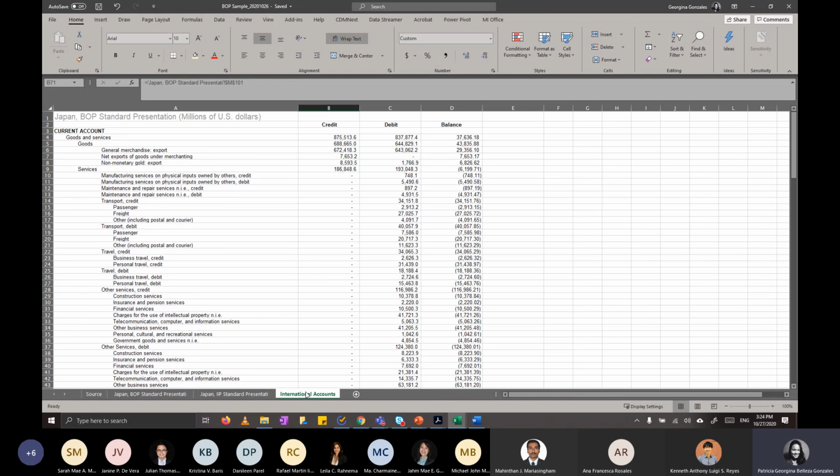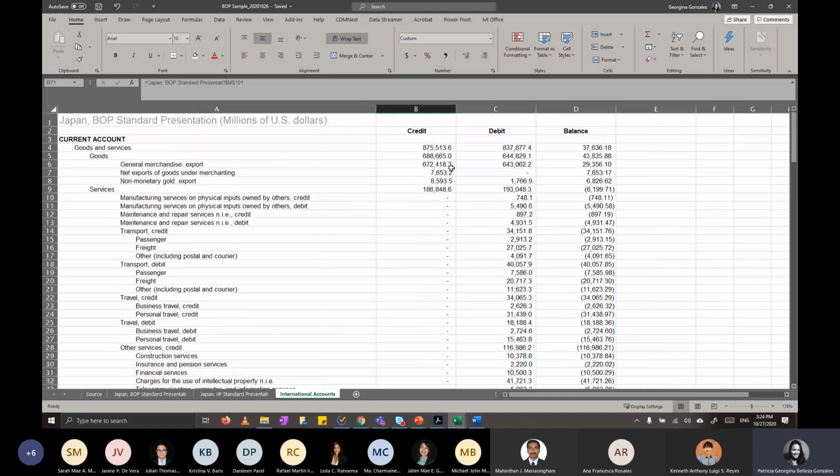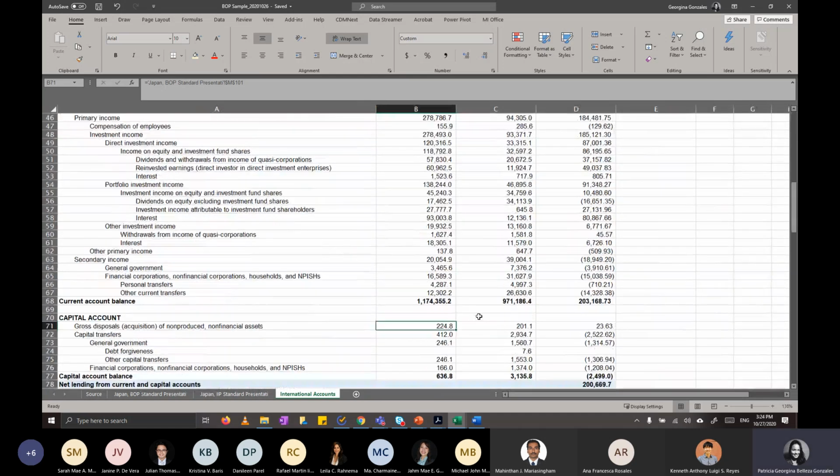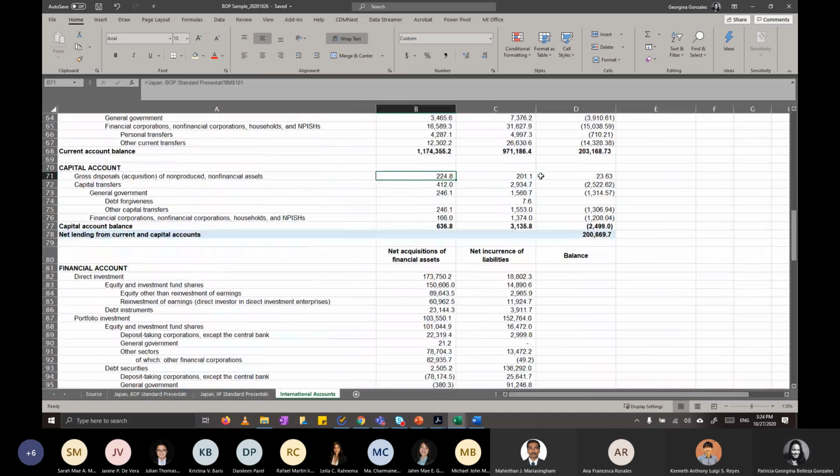So I just changed the orientation. Instead of stacking the credit and debit entries, I just put them into separate columns. So we'll see here in the capital account, the disposals and acquisitions are netted out, or sorry, the balance between them is obtained.